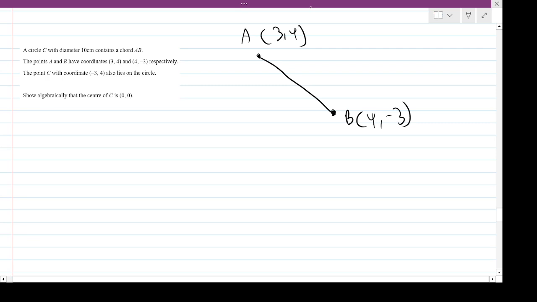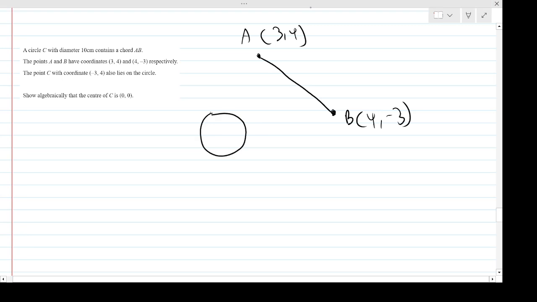Because AB is a chord, it's in a circle. A chord might look like that. That might be points A and B, for instance, in a circle. Remember, every perpendicular bisector of a chord has to pass through the centre. And we want to show something about the centre of the circle. So it's very helpful here that we consider the perpendicular bisector in this case. So that's what we're going to do then.